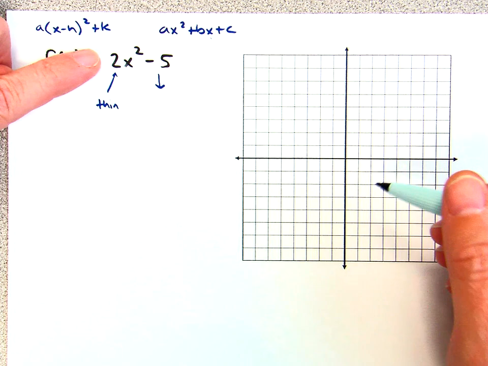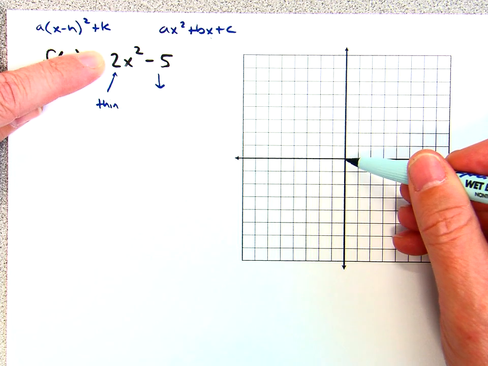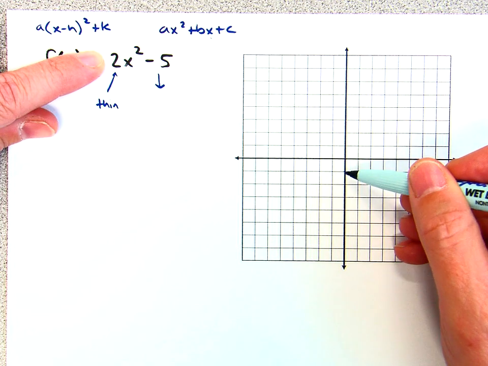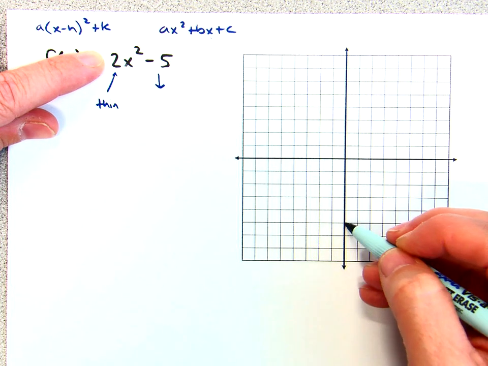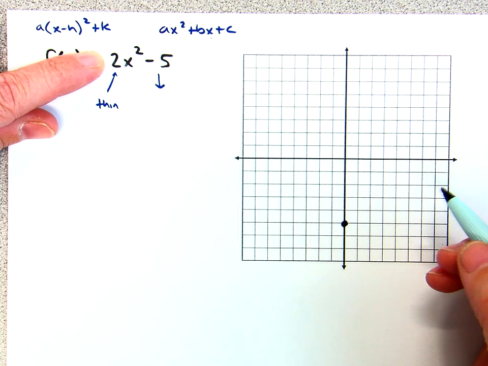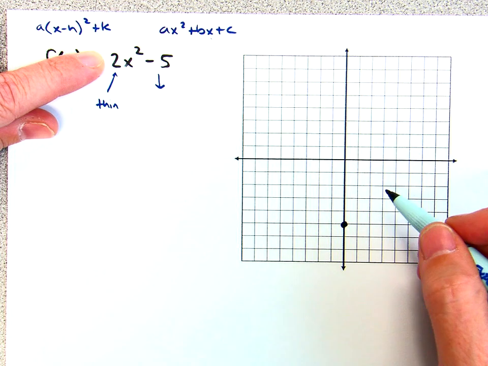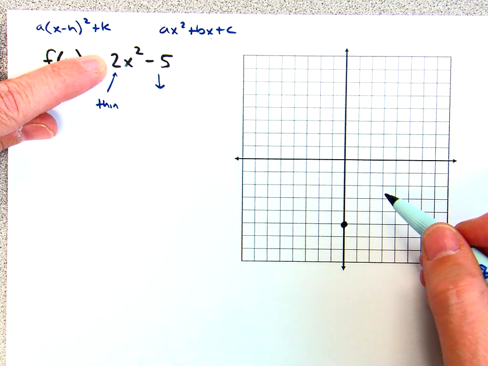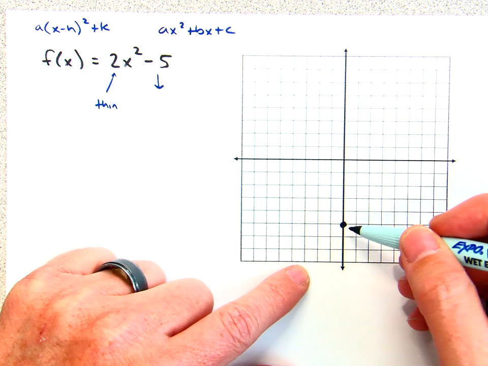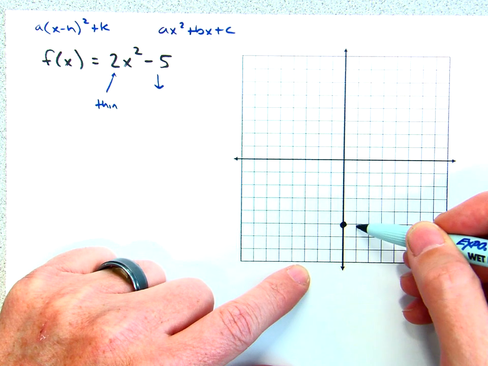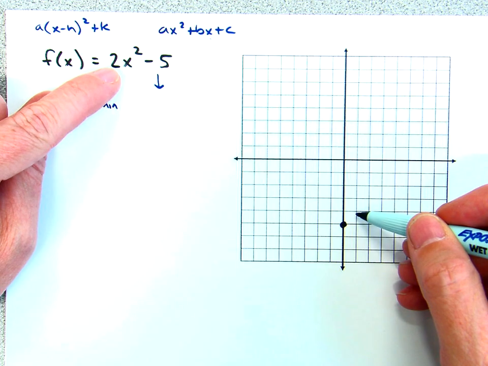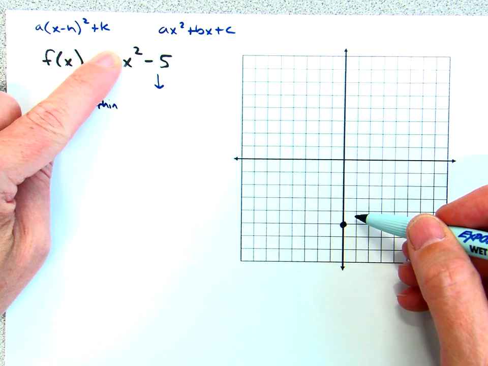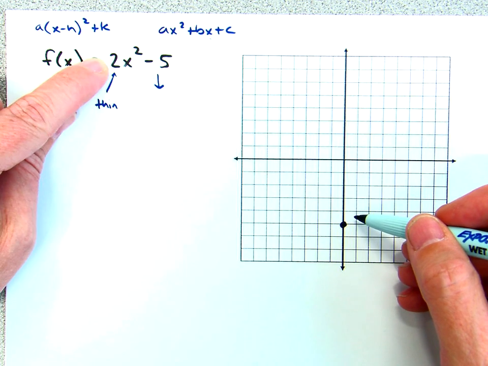So we're going to take the vertex from the origin, where it starts, and move it down 5 units. 1, 2, 3, 4, 5. Right? No horizontal shifting. And then we know it's going to be thinner. We're going to use those anchor points. Now, normally if I go out 1, I would go up 1. This 2 is essentially saying that whatever we go up for our y value, we're going to go up twice as much.